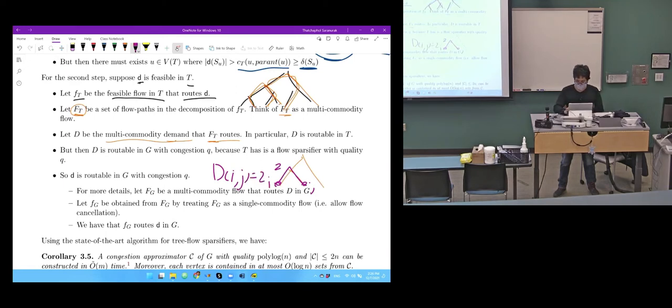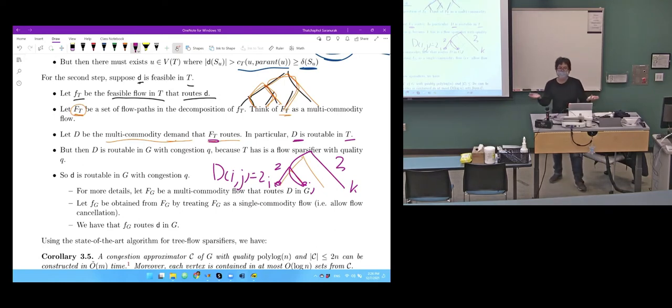Look at another flow path, maybe this, and this is k, and this is 3, then d_jk is 3, and so on. So just look at these flow paths. You can define the multi-commodity flow demand, and you can say that this multi-commodity flow demand is routable in T just because of F_T. Everything here I just do so that I can talk about a multi-commodity flow demand that is routable in T.